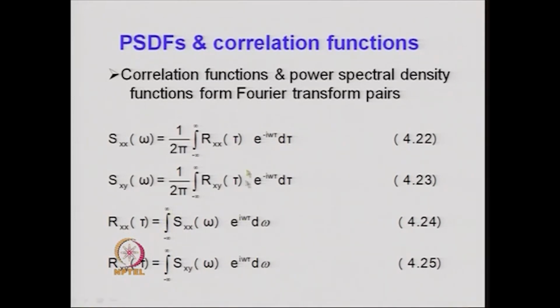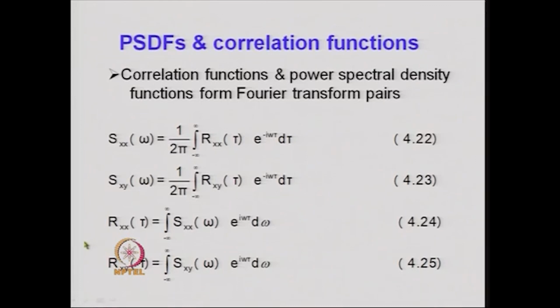Similarly, if we have Rxy(tau) defined for two processes, then taking a Fourier transform of that or using FFT on this Rxy(tau), we get the cross power spectral density function. So, we need not again define the cross power spectral density function by stating that the cross power spectral density function between two support excitations is equal to the power spectral density function of the ground motion multiplied by the coherence function.